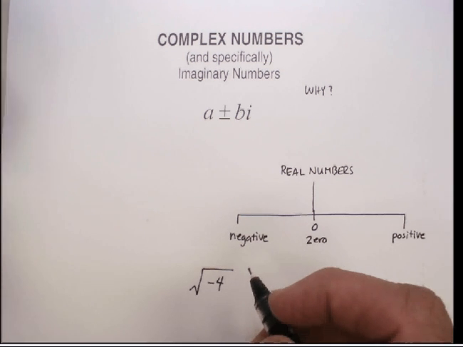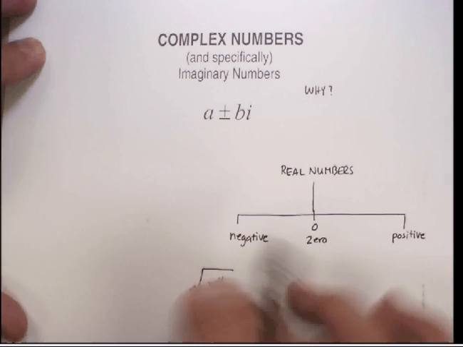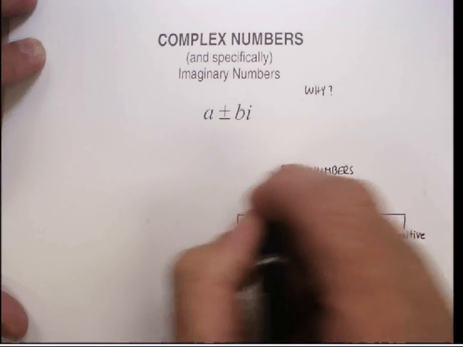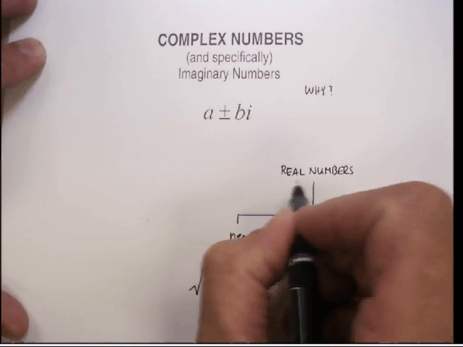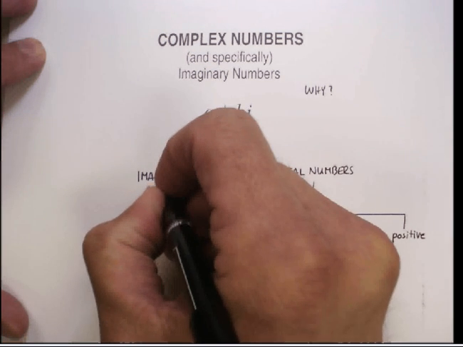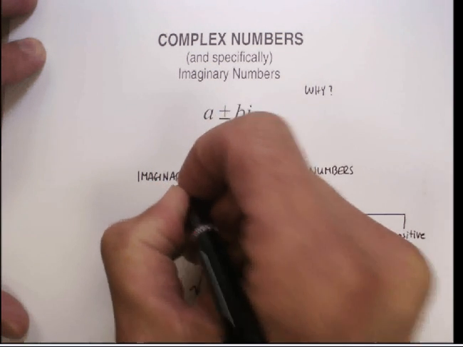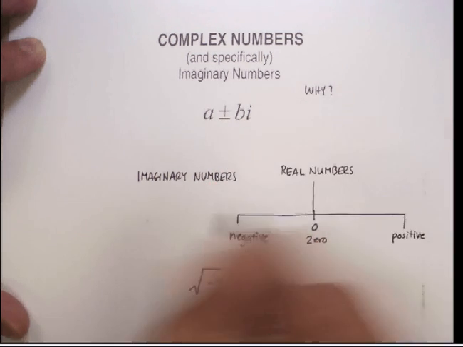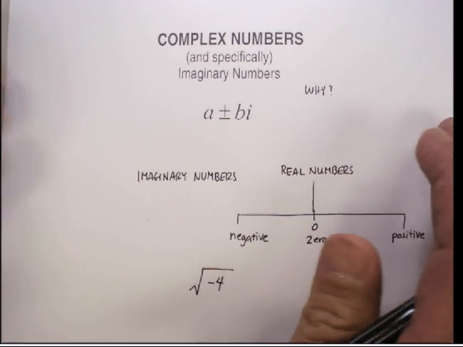So how do we deal with this? They basically had to come up with a whole new number system in order to take care of this, and the number system that they came up with is the opposite of real numbers, and that's what we call imaginary. Now again, it doesn't mean that they don't exist, it just means that they're the opposite of real numbers.